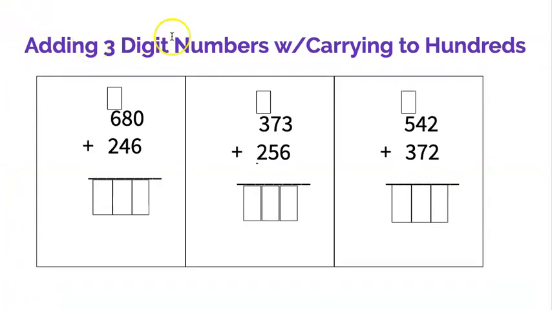Now this is adding 3 digits with numbers carrying to the hundreds column. Again, we're going to do it the same way. So 0 plus 6 is 6. That's our ones column. Move to your tens. 8 plus 4 is 12.